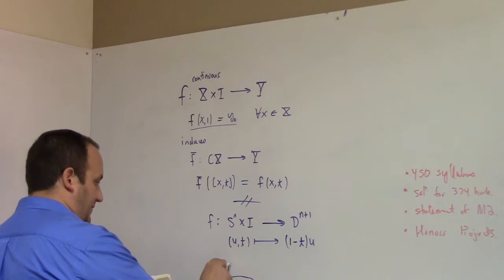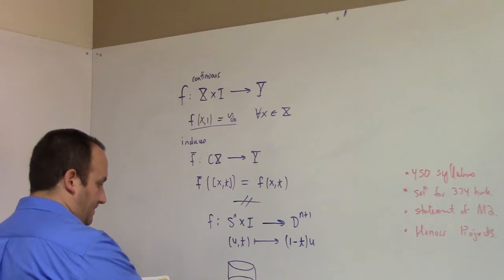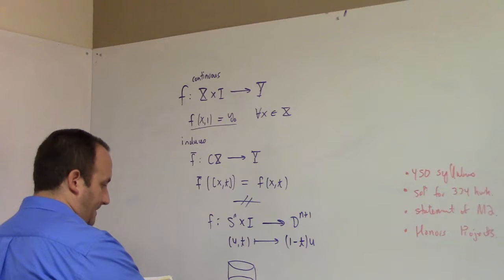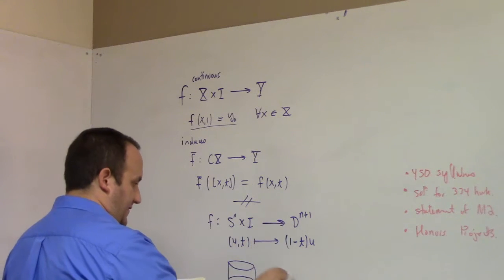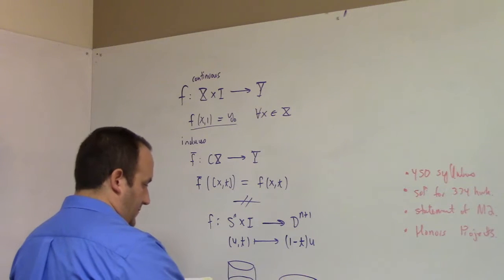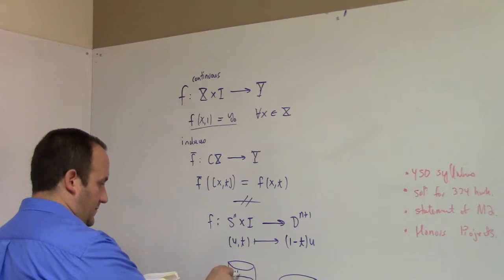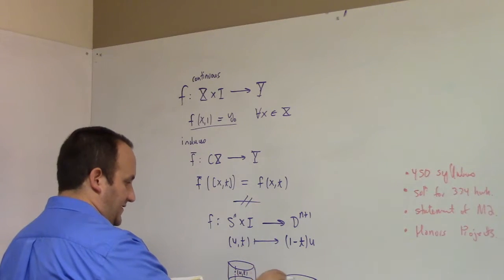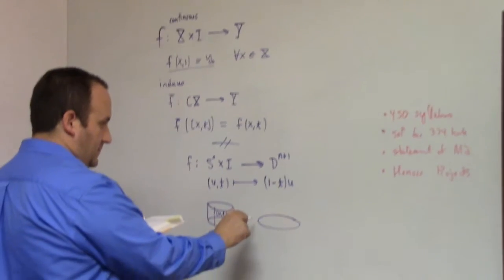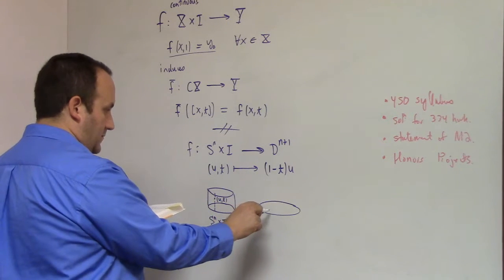So 1 minus t, it's like that far into the disk.